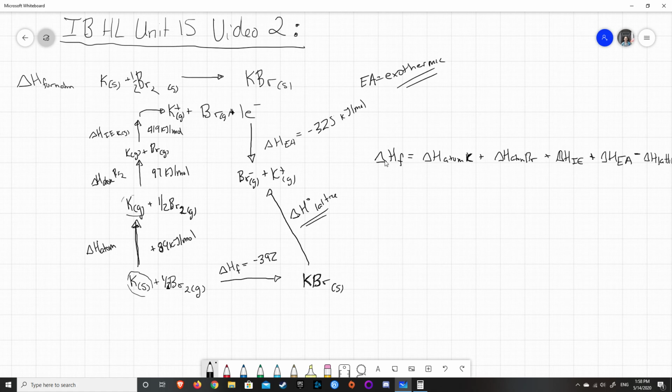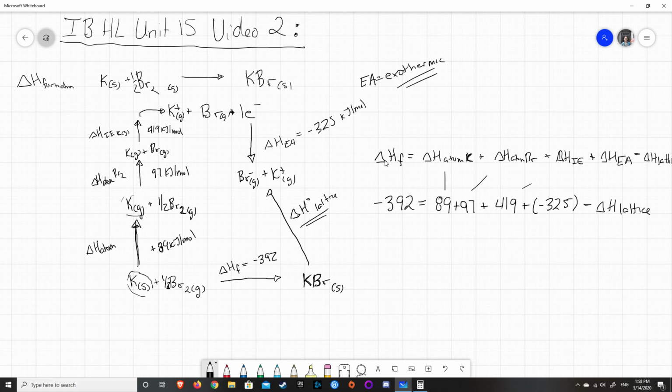So then you just start plugging in your numbers. Negative 392 is equal to, this is 89 plus 97 plus 419 plus negative 325. And then minus the delta H of the lattice enthalpy.